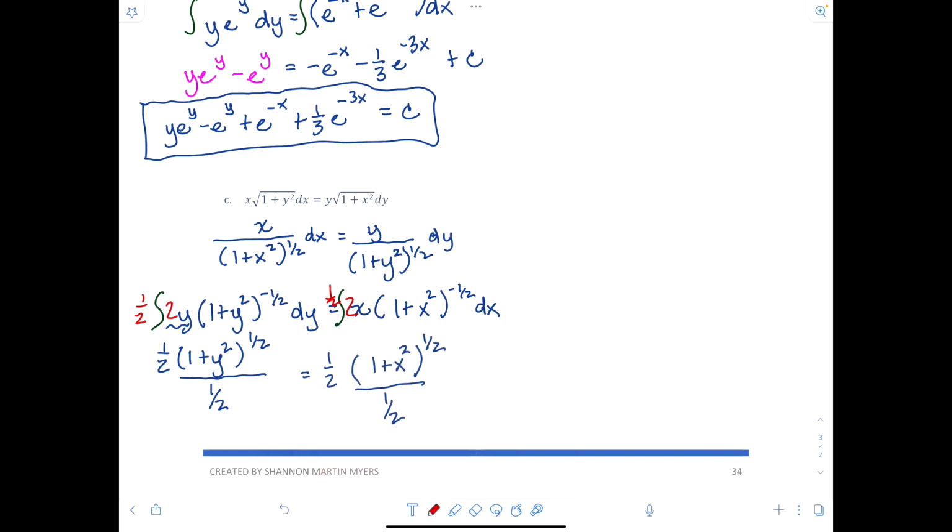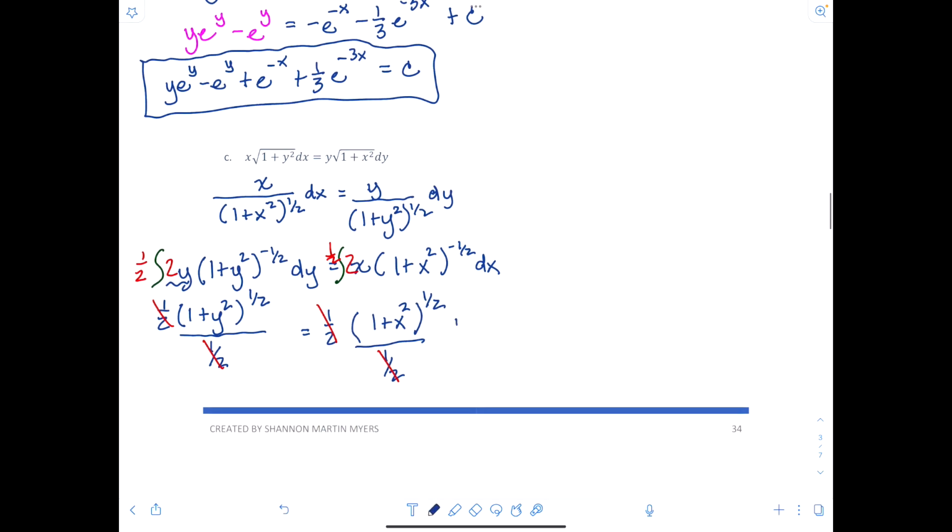So these 1/2s divide out on each side. And then we have our plus c over here. So we'll end up at the end of the day with the square root of 1 plus y squared equals the square root of 1 plus x squared plus c.